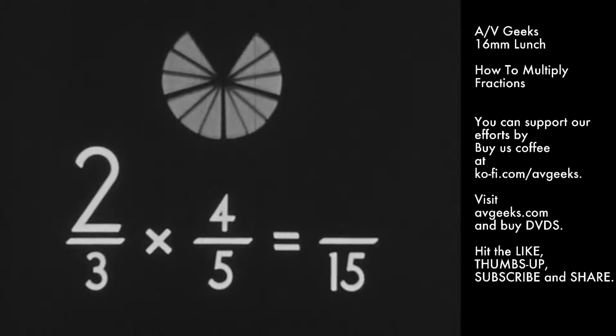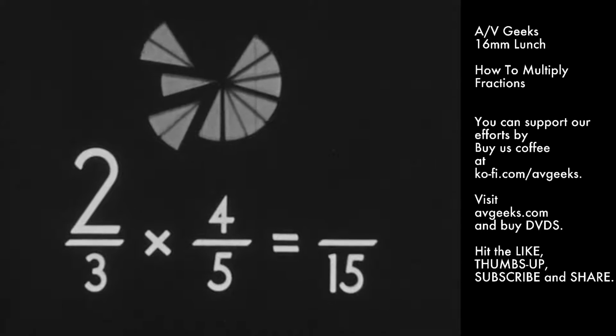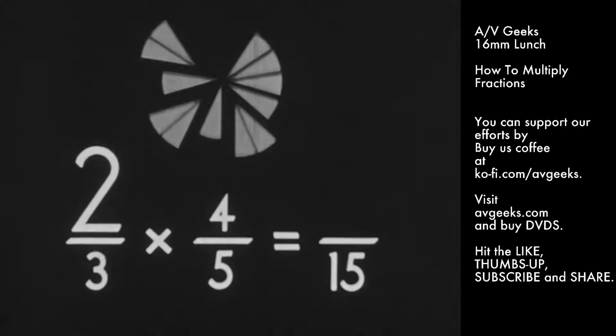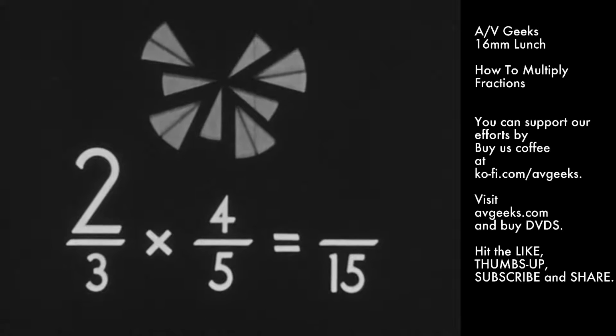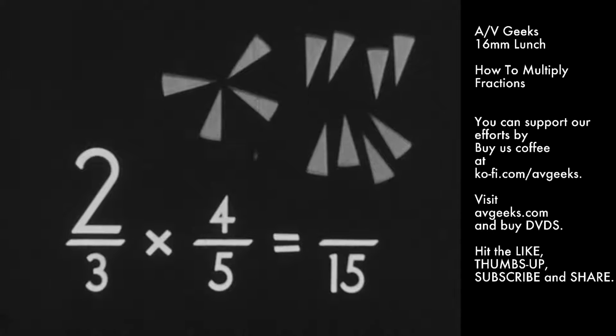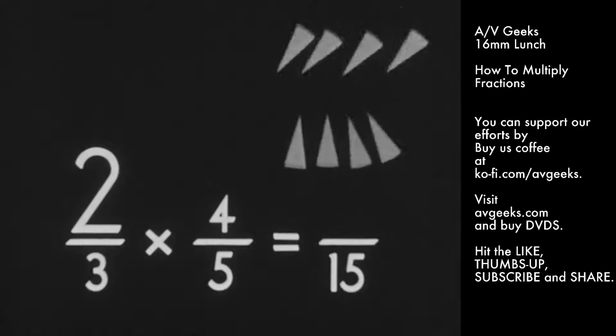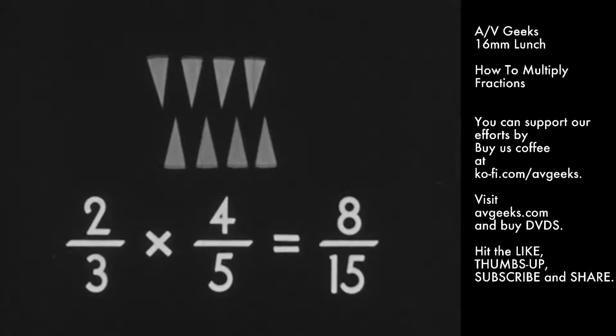So our answer will have 2 pieces from each of the original 4 parts. Two times 4 equals 8. So there will be 8 of the new pieces in our answer. Our answer is 8/15.